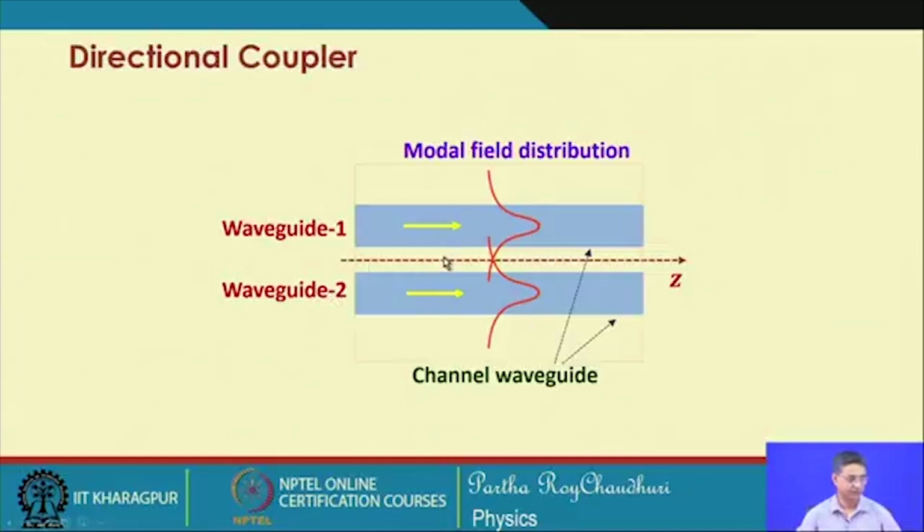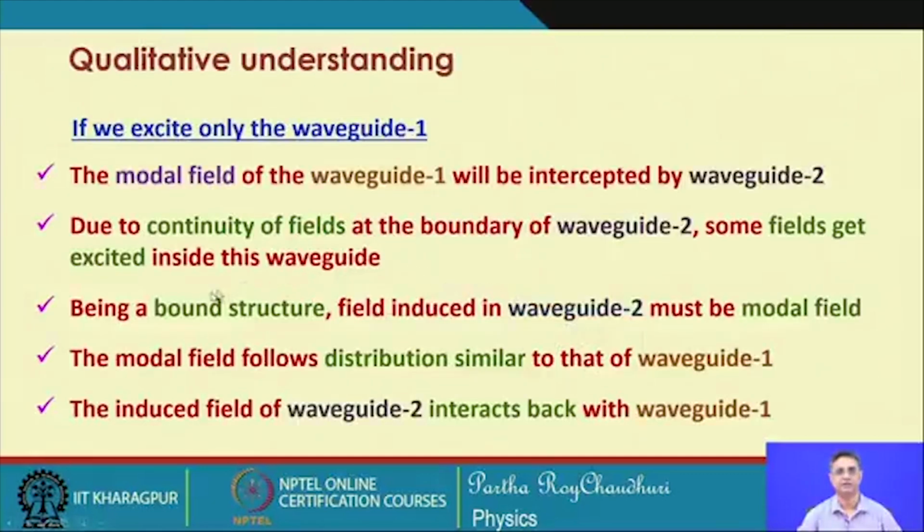In a bound structure, the field cannot be any arbitrary field. The field induced in waveguide 2, because of the intersection of its evanescent tail with the second waveguide, must be a modal field of the system.